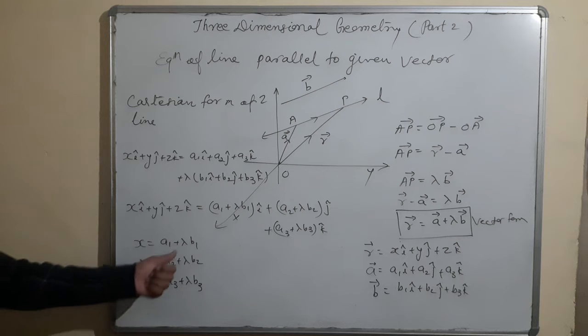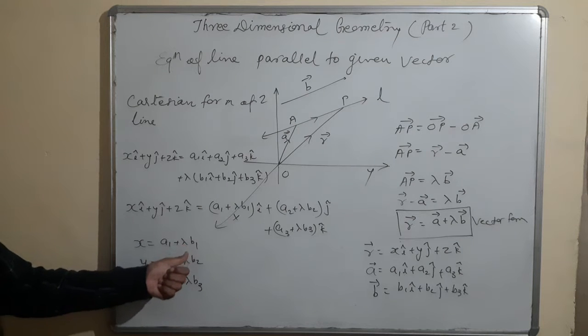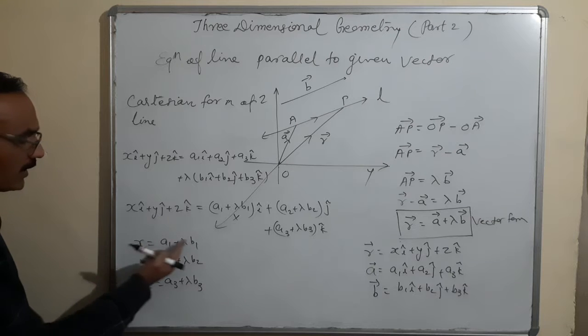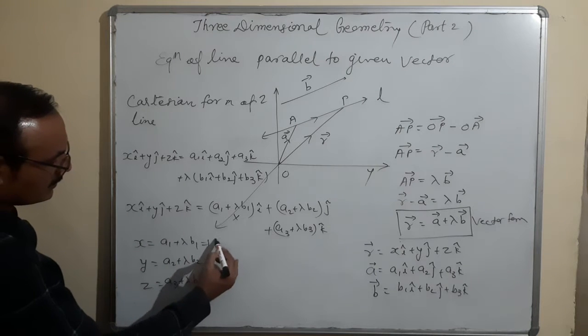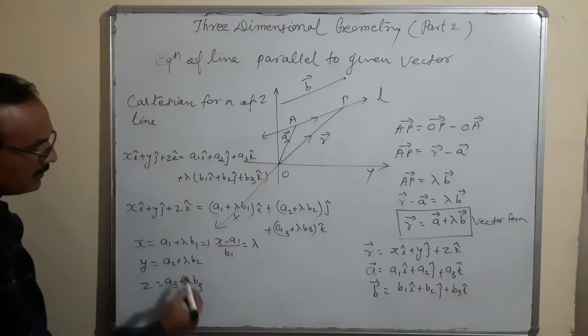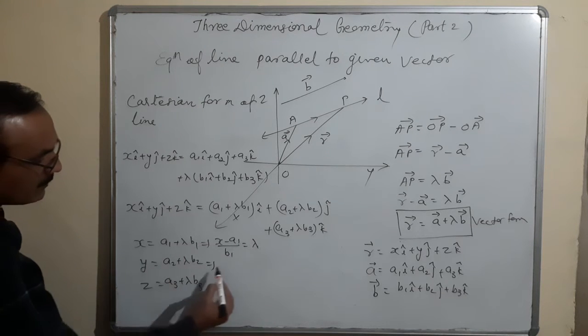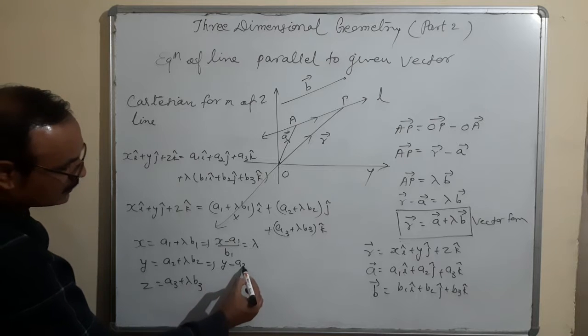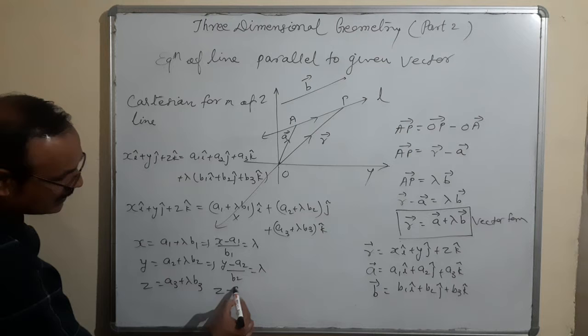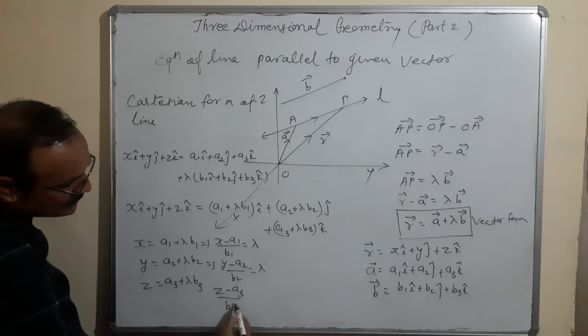If I separate, that means when I find the value of lambda in this, then what we get is x minus a1 upon b1 is equal to lambda. Here, y minus a2 upon b2 is equal to lambda. And this is z minus a3 upon b3 is equal to lambda.